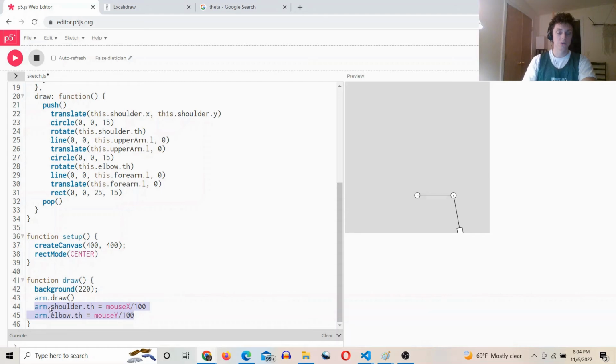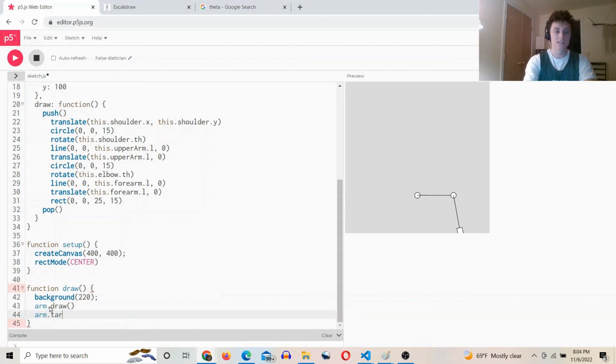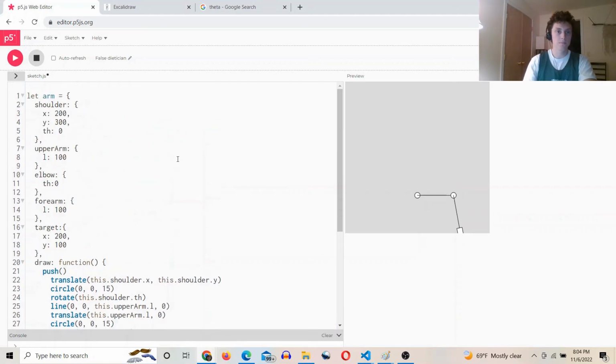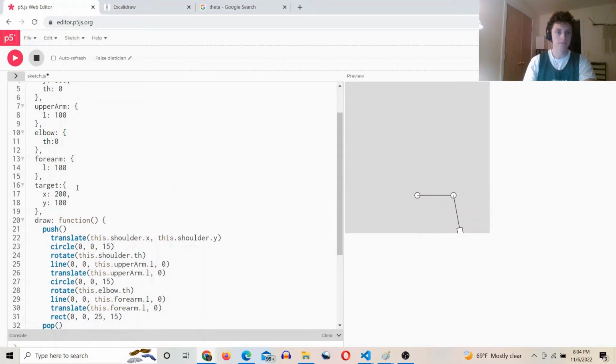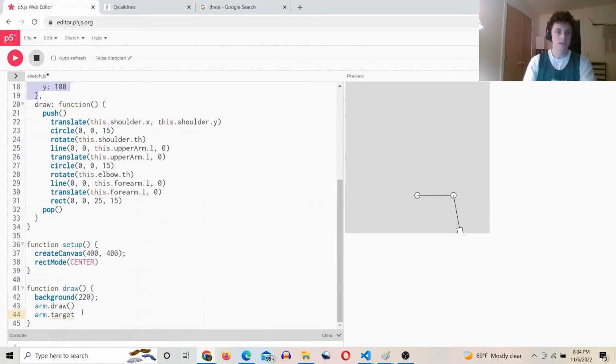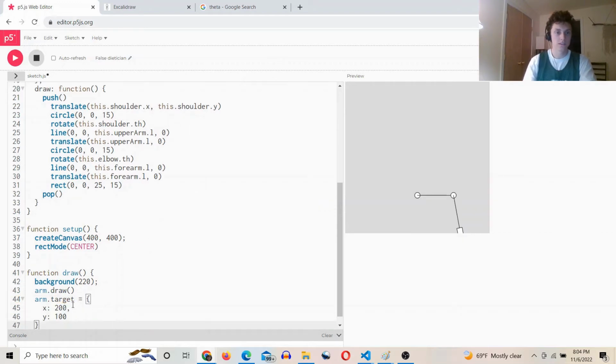So we're going to say arm.target equals, we want x to be mouse x and y to be mouse y. All right, and it's currently not doing anything.